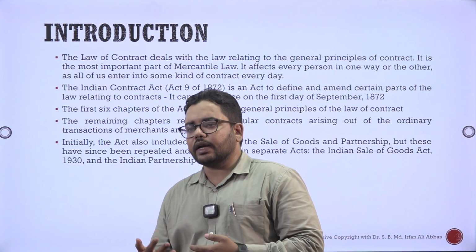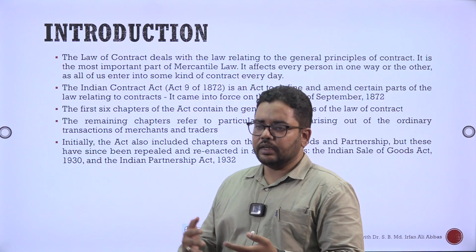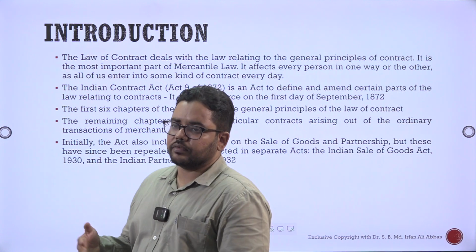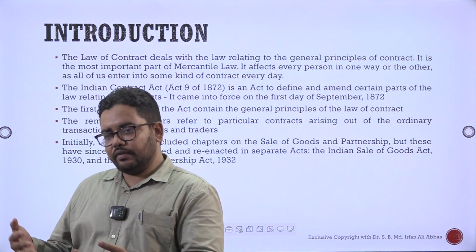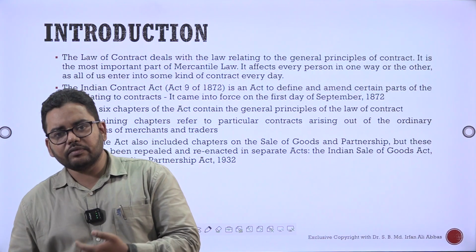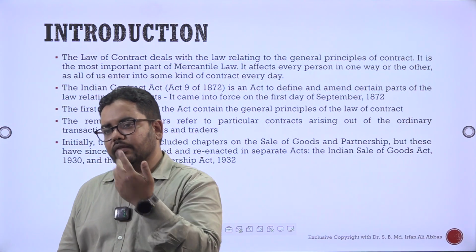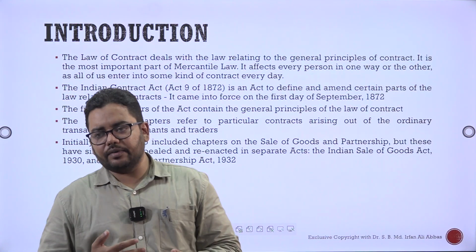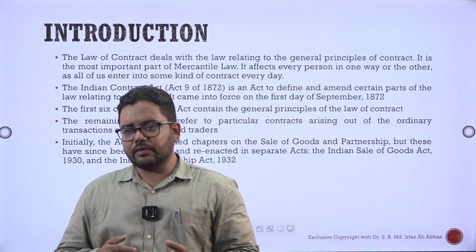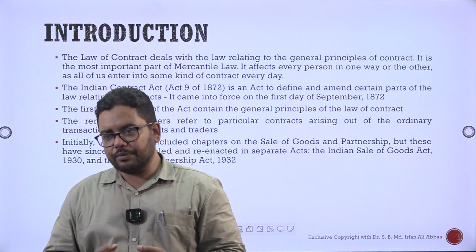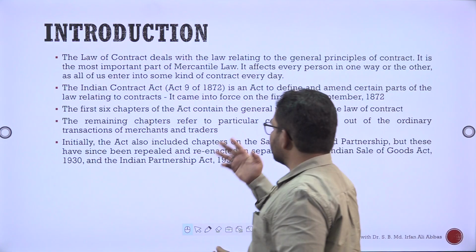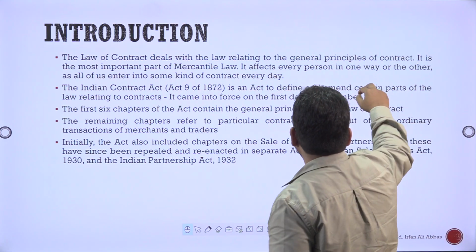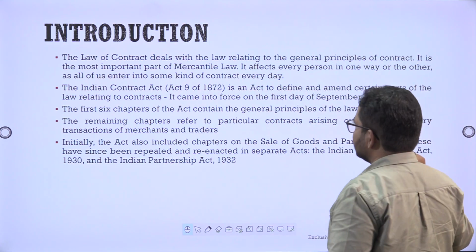All transactions which are of commercial nature or even non-commercial nature, which take place in our day-to-day activities, are governed by or come under the scope of the Indian Contract Act. So the law of contract deals with the general principles of contract.